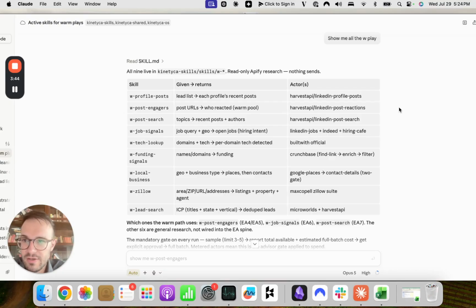Job signals. Let's say you want to find the companies that are currently hiring for a specific job role in a specific location. Again, I remember before we built something so complex in Clay that was able to give us great results. It wasn't that expensive, but it was kind of expensive with the qualification part.